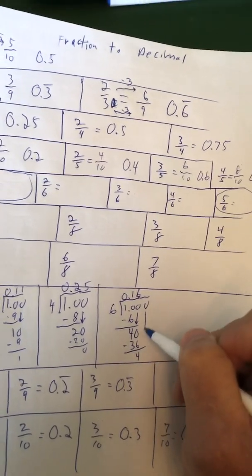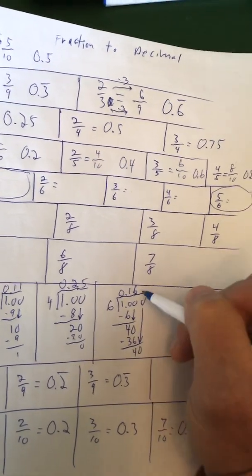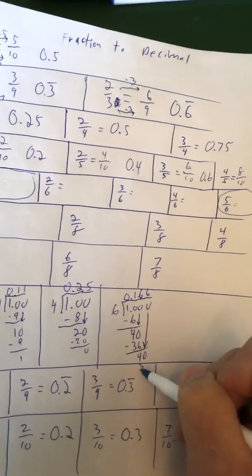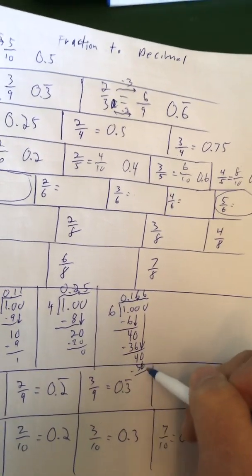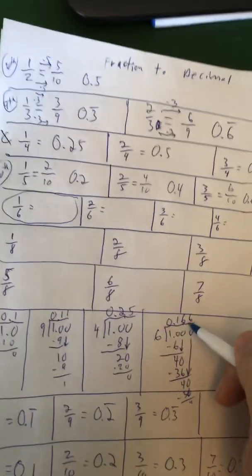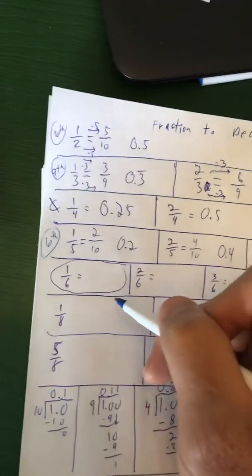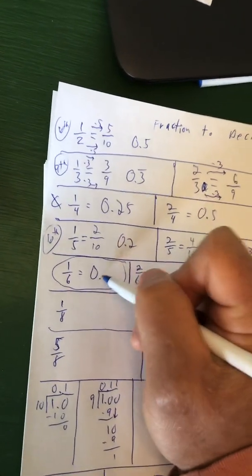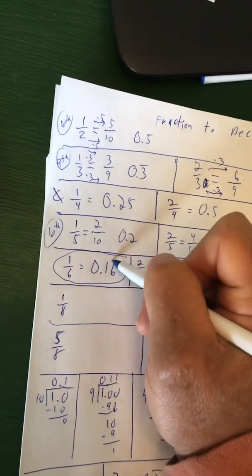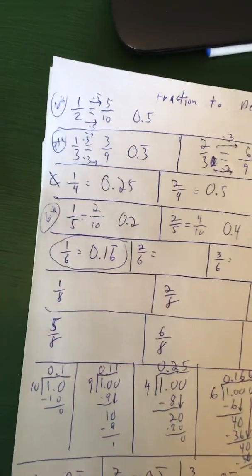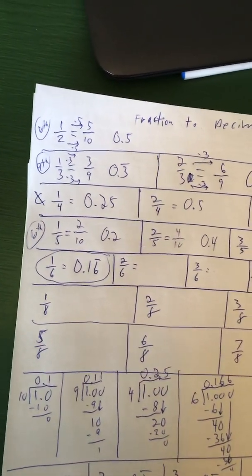Remainder of 4. I bring down the next 0. And do you see how you're going to start just getting repeating? And so the 6's are repeating. So 1/6 actually is 0.1666 forever. So you write it like that, 0.16 repeating.